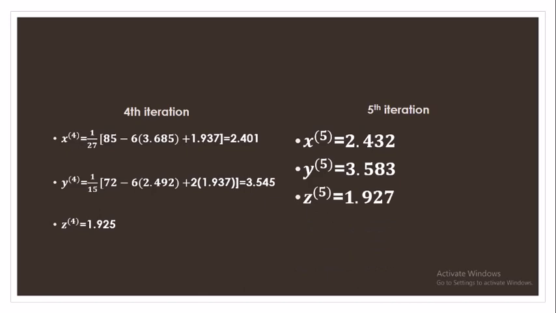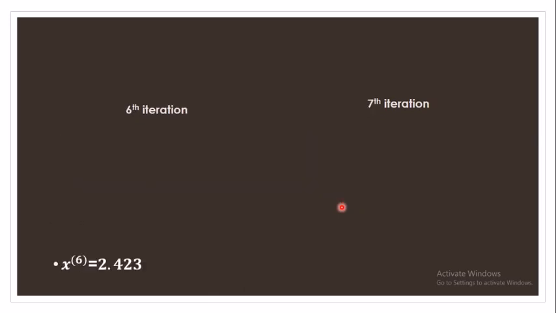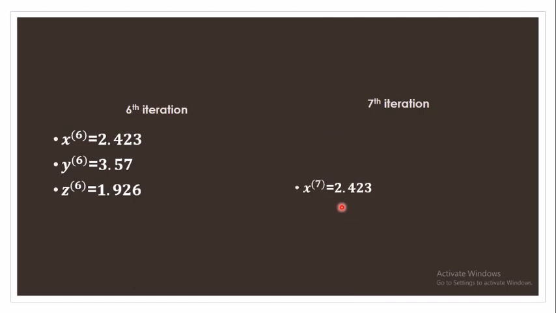Again it's not the same, but somewhere it is coming closer. The first decimal points are all the same. Now let's see, it will take one more iteration. In the sixth iteration, 2.423, 3.57, 1.927.